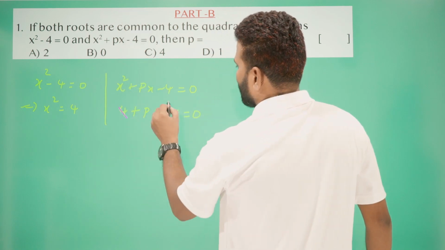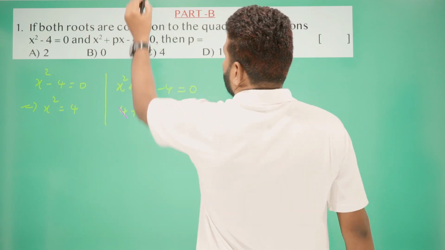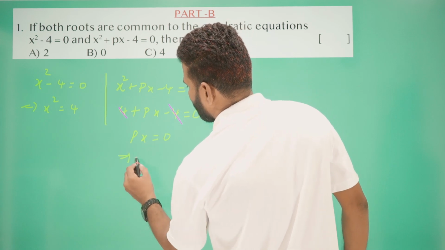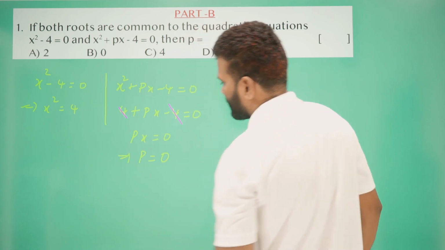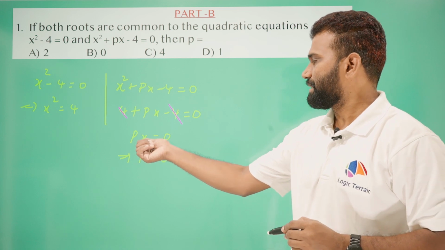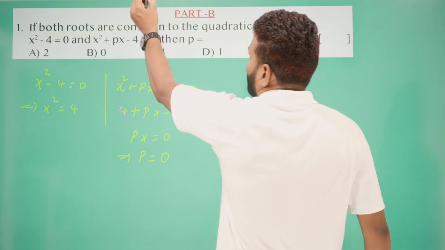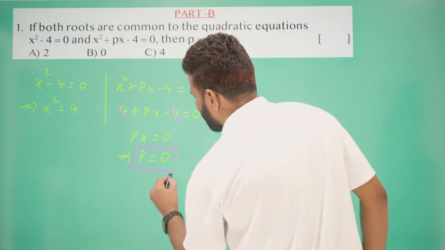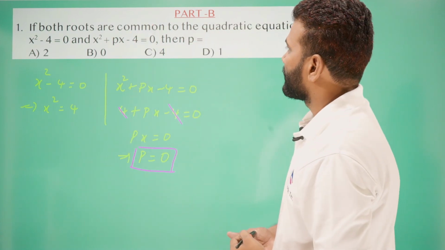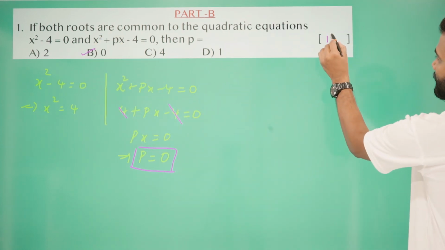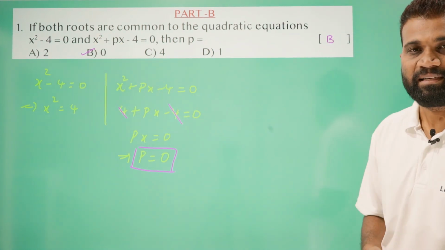Here plus 4 minus 4 gets cancelled. Then we have px is equals to 0. Then further p is equals to 0, because here x is multiplying, if it comes here divides, 0 upon x is 0. Therefore p is equals to 0. The correct option is B. So here we have to write B. Clear?